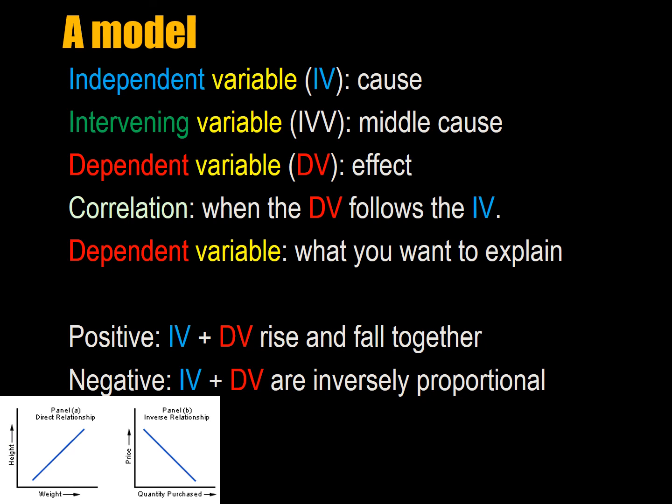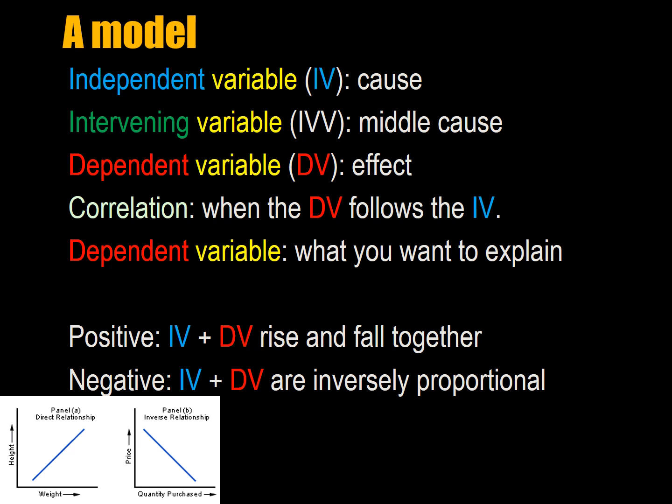We're not only looking at war in this class, we are also looking at peace, because we cannot explain the occurrence of war if we cannot also explain the occurrence of peace. They vary between each other. So the dependent variable is called dependent because it's dependent on the independent variable. It emanates from the independent variable. And we abbreviate the dependent variable as a DV.